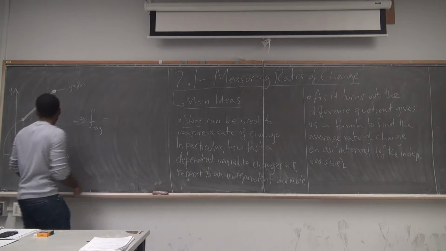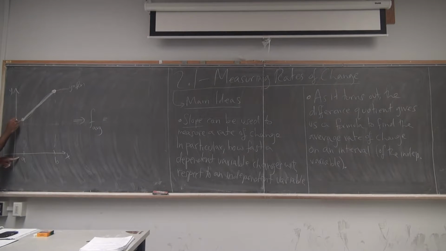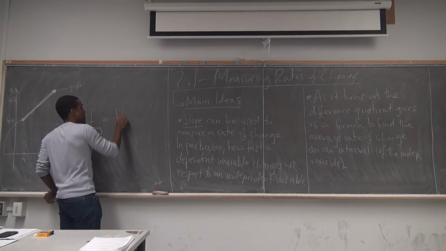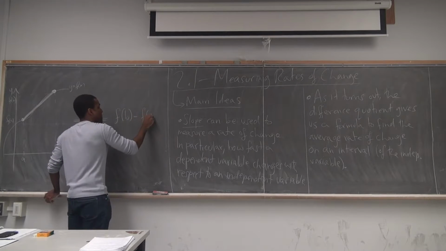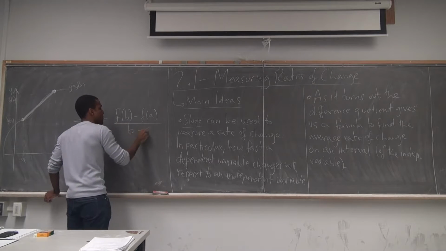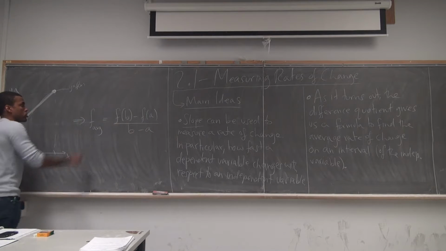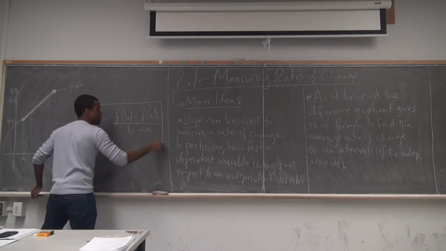Here this is a, that means that would be f of a, and if this is b, that would be f of b. So it's y2 minus y1 over x2 minus x1.